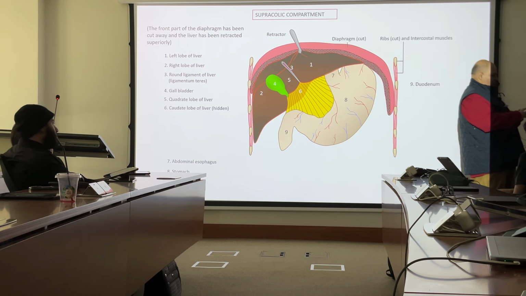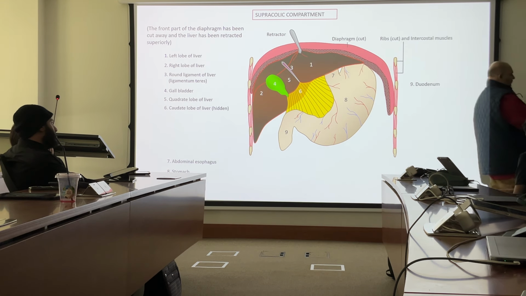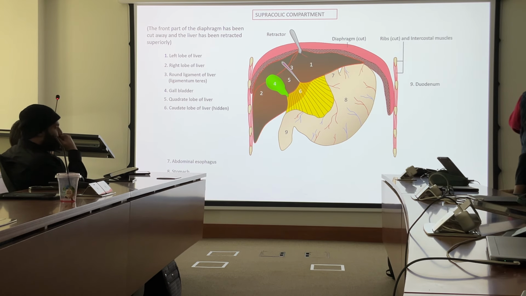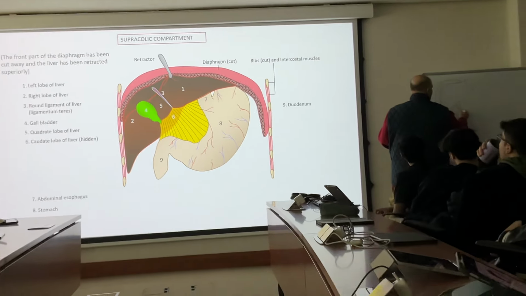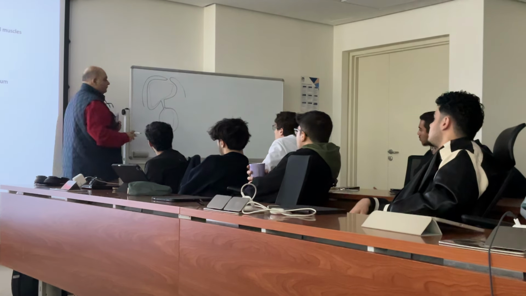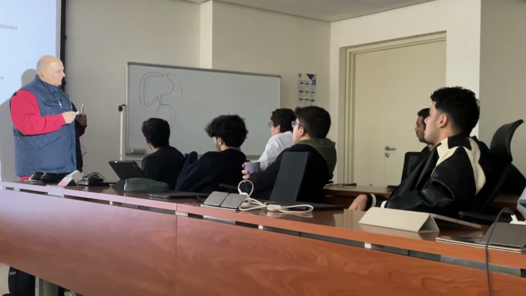So, parietal peritoneum. It stops from the posterior wall. Make sense? Yes.